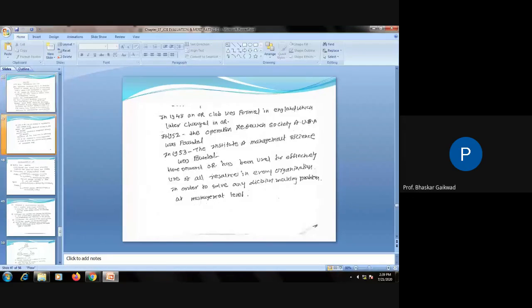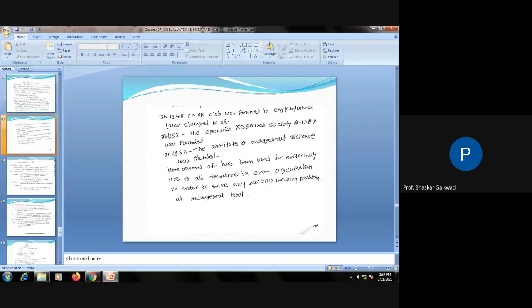Then next, in 1948, one club was formed in the armed forces. In 1952, the Operation Research Society of USA was formed. In 1953, the Institute of Management Science was formed. Yesterday we saw this. After 1953, the concept of OR has been used in industry to solve complex problems.